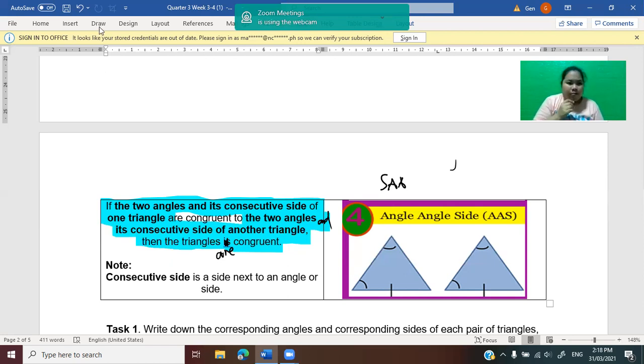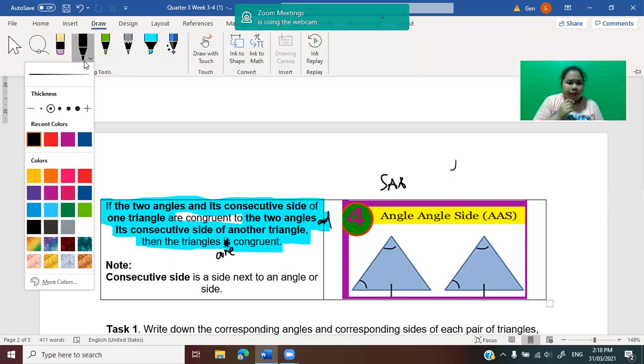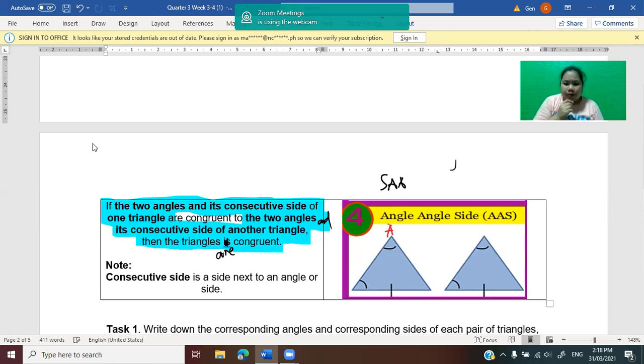So, lagyan natin ang name. So, we have here A, B, C, D, E, F. So, we have here, for angle, for the second pair, dapat dalawang curve. Yan. So, nagdagdag lang ako ng isang curve. So, we have angle A is congruent to angle D. This one.